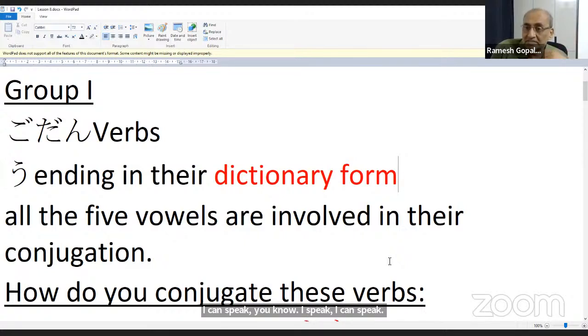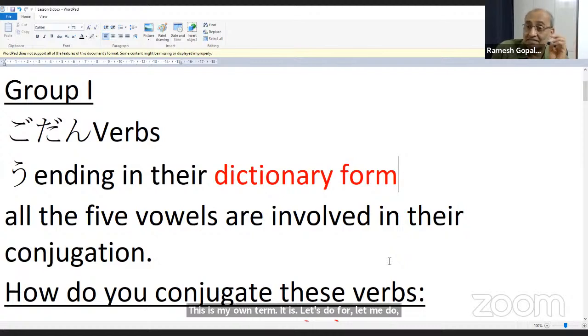And the next thing, the O line, right? Volitional form. Volition, V-O-L-I-T-I-O-N. Volitional form. I have given it a different term also. You won't find this in any book. This is my own term: let's do form.